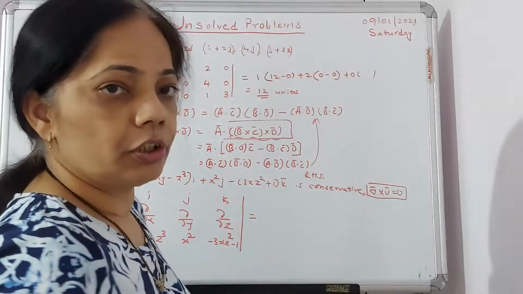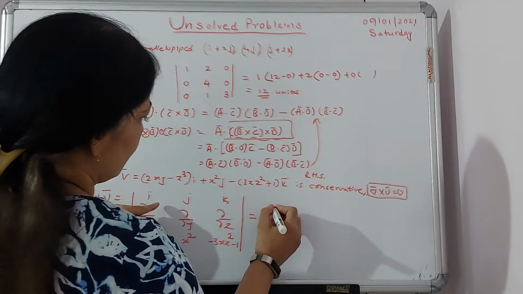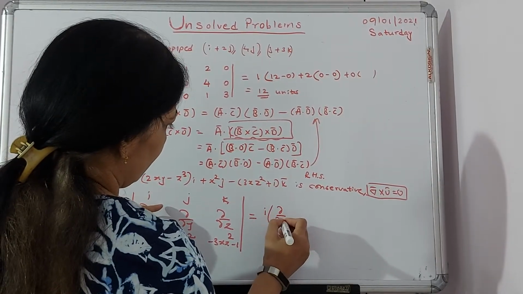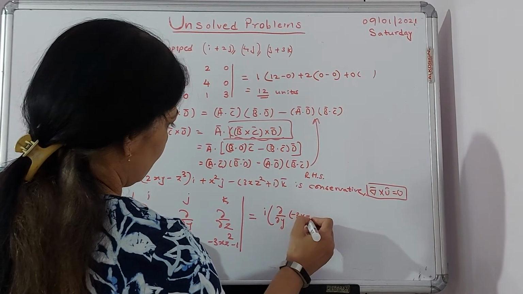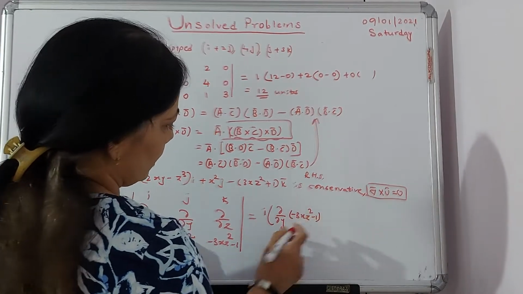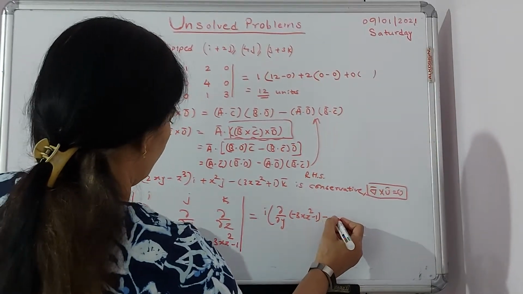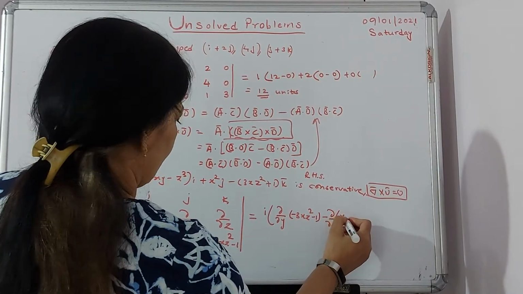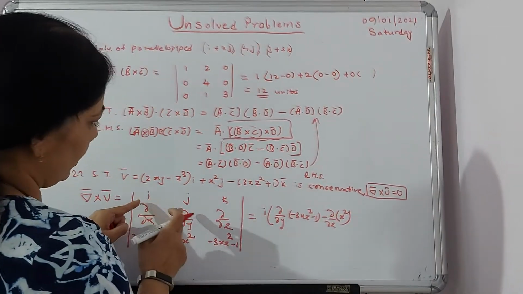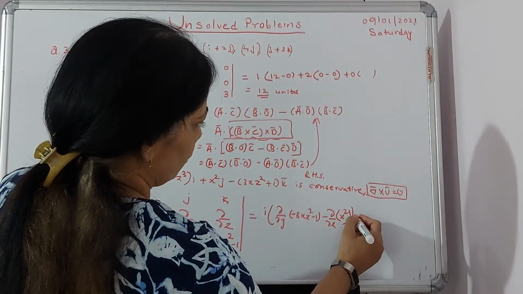Right? After finishing this, we'll have to simplify. So i inside the bracket: del by del y of minus 3xz square minus 1. There is no y term, so it will be 0. Minus del by del z of x square. So i into this minus this, there is no term, so this will come out to be 0.